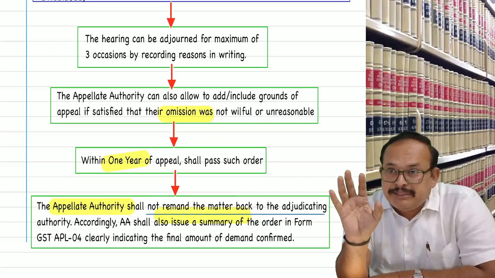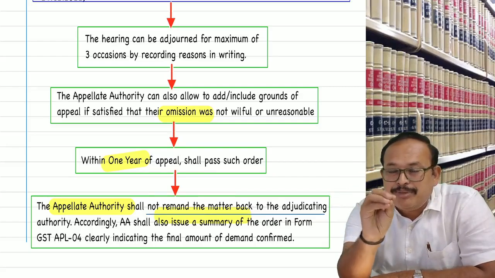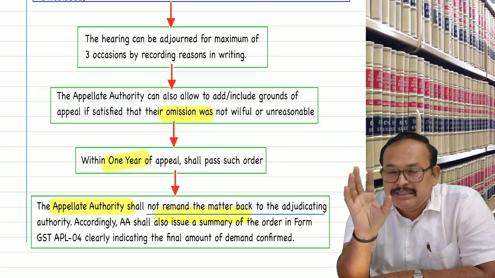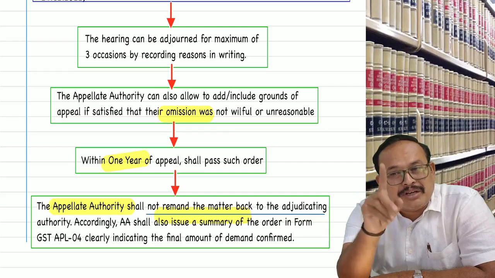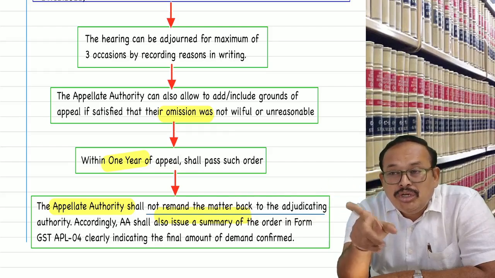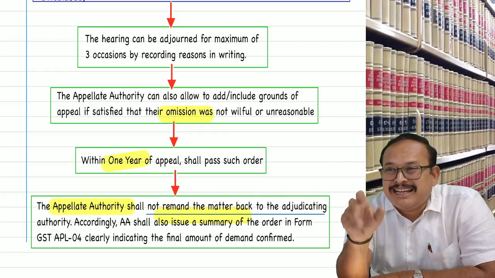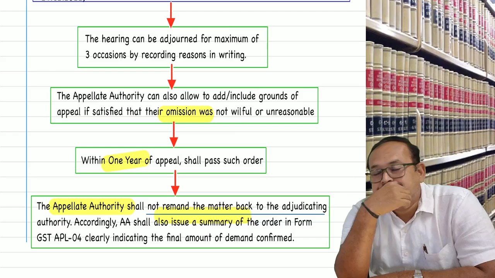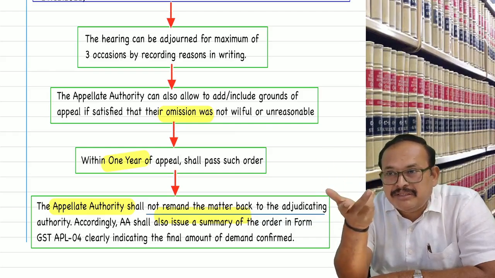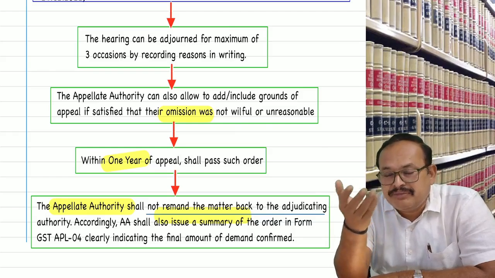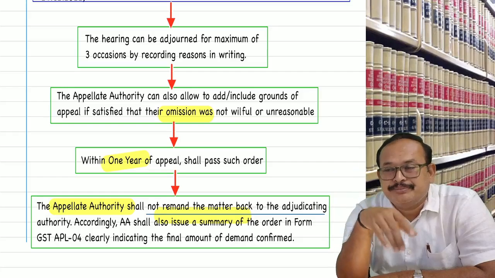If the department got aggrieved against the APL 04 order issued by the appeal authority, who got aggrieved? The department. The department cannot go for appeal to the tribunal if the tax amount involved does not exceed 20 lakhs. Exceptions are allowed, like valuation, refund cases, classification, place of supply, or any other issue cases.